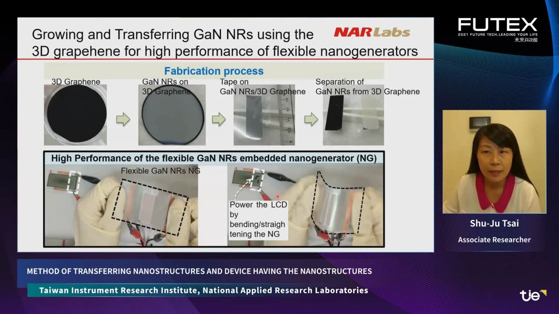The gallium nitride nanorod can be transferred by a tape and fabricate the flexible nanogenerator to directly power the LCD by bending and straining motion, which is not possible for the gallium nitride nanorod grown on the conventional substrate.